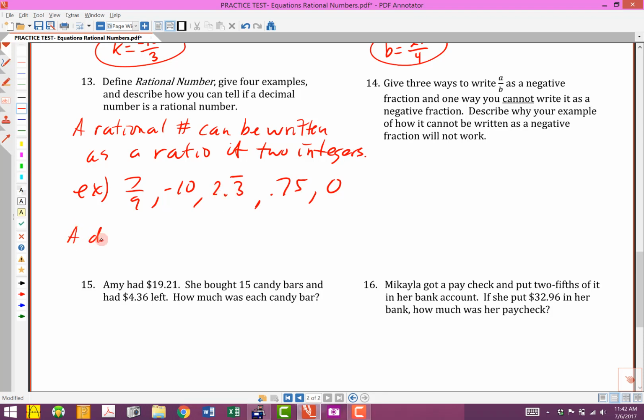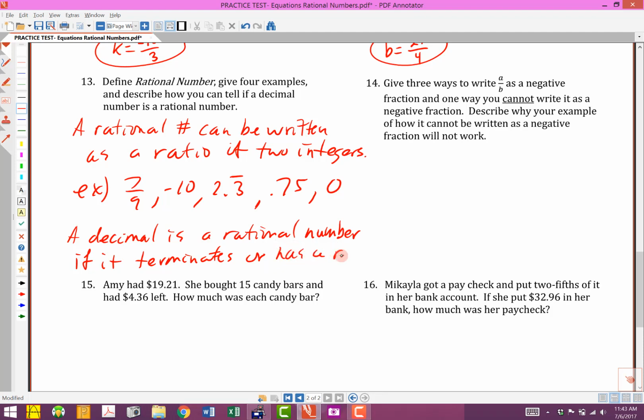So we'll write this: a decimal is a rational number if it terminates or has a repeating pattern. Okay, that'll be just fine.